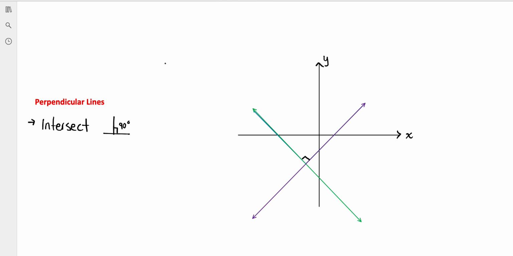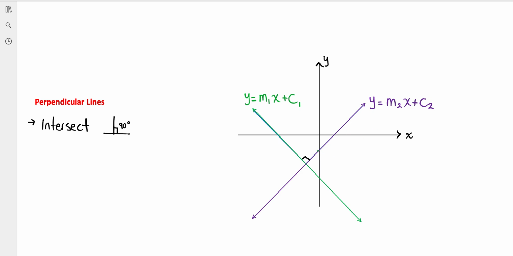So the important characteristic of these ones is this. If this one is y equals m1 x plus c1, and the purple one is y equals m2 x plus c2. I forgot to put the c1 here because they don't intercept at the same point either. Agree?